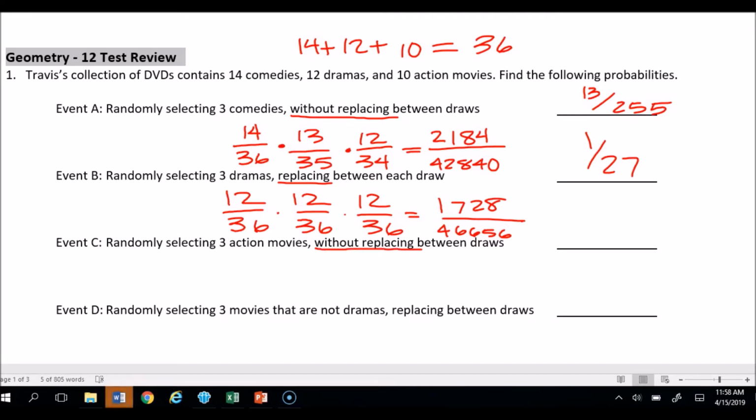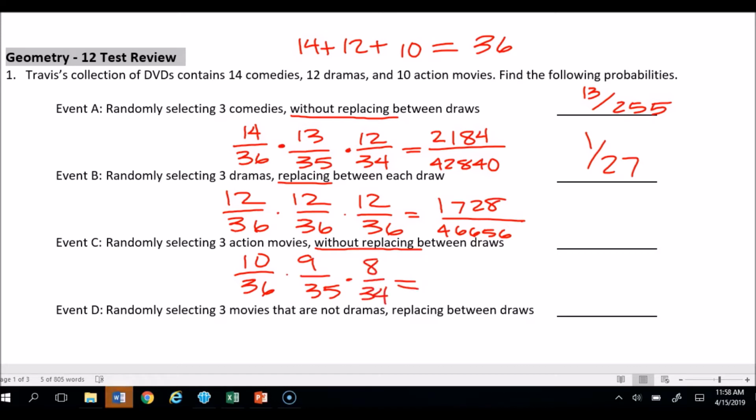So that means, again, things are going to reduce as we move along in this problem. So this time we had 10 action movies, so we got 10 over 36. Now, once I take out one of those, I only have 9 left, and I only have 35 videos left in the bag. So that's going to be 9 over 35 times 8 over 34.